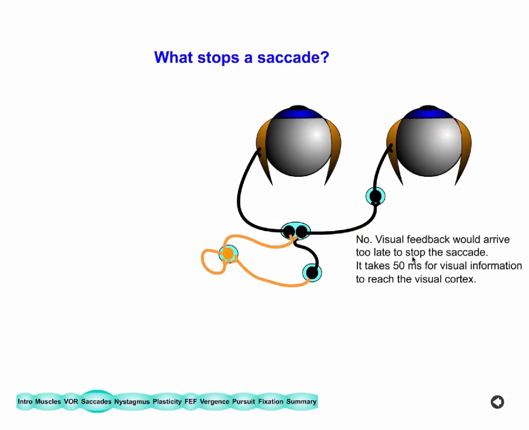And even the pathway directly to the superior colliculus takes 50 milliseconds. So it would be too late to get to the superior colliculus and turn off something there. It's not fast enough.